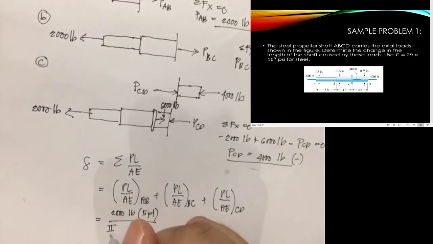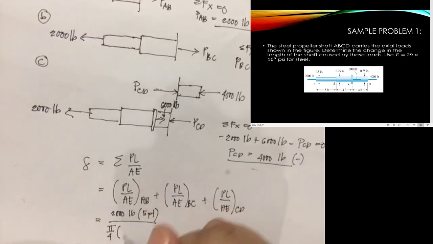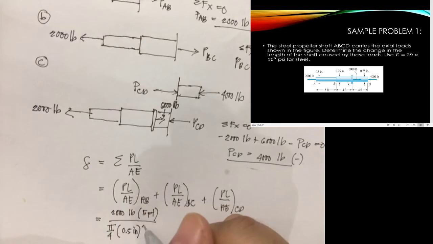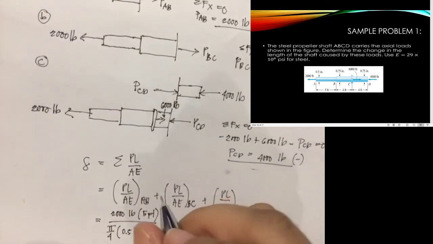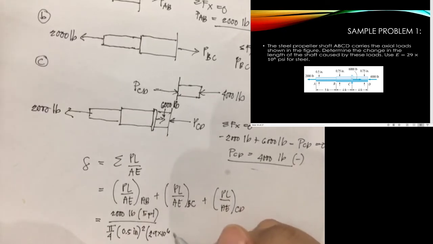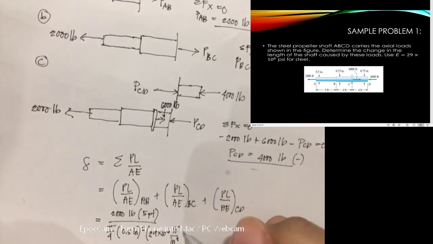Over, your area is pi over 4 multiplied by your diameter, which is 0.5 inches squared, multiplied by the modulus of elasticity, which is 29 times 10 raised to 6 pounds per square inch. Pounds per square inch is PSI, class, okay?